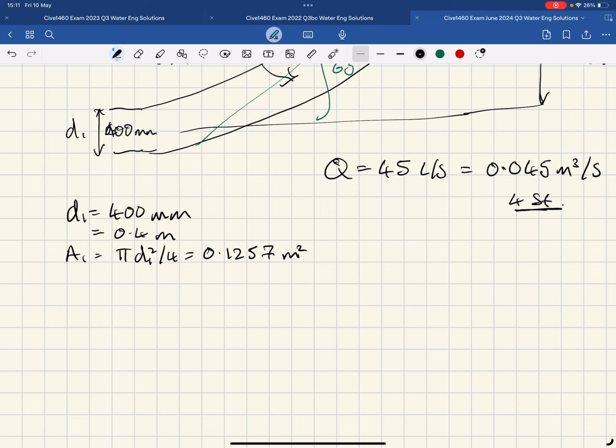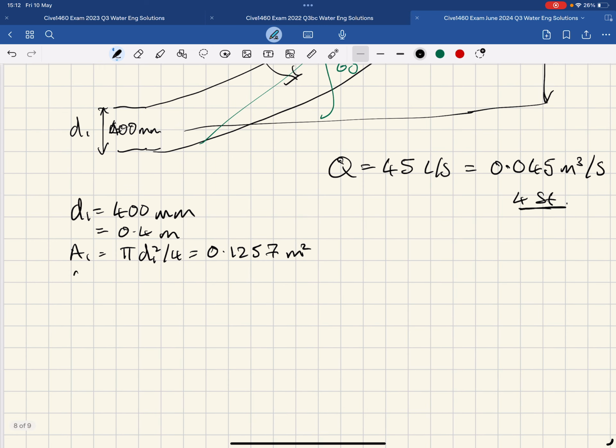You can use 3 significant figures, but keep it consistent. Velocity U1 equals Q over A1, which equals 0.3580 meters per second.